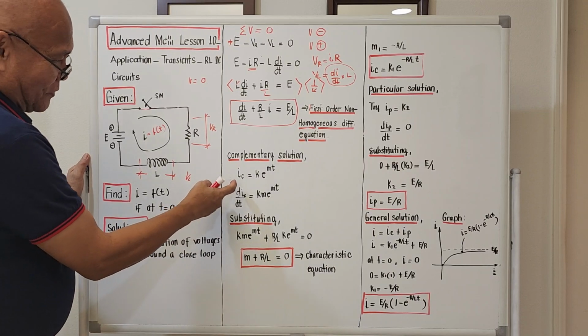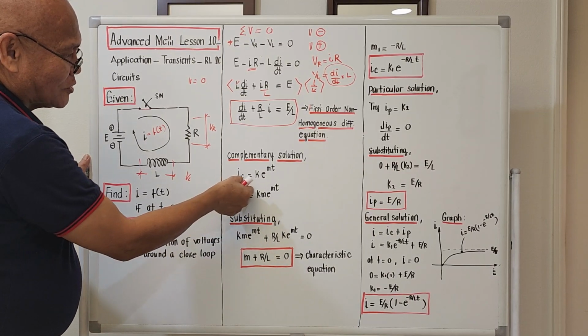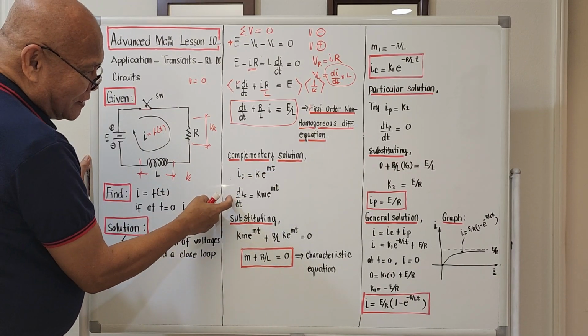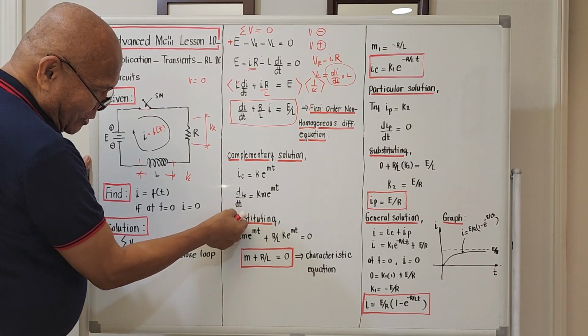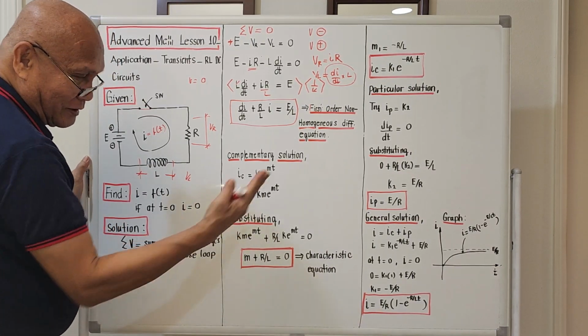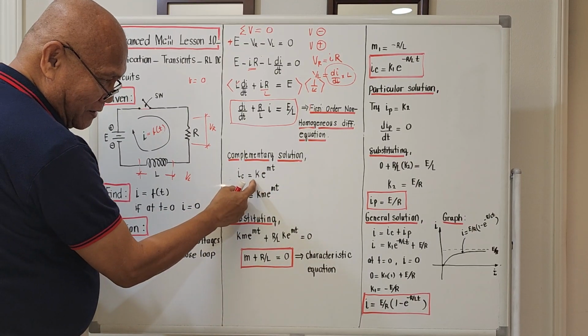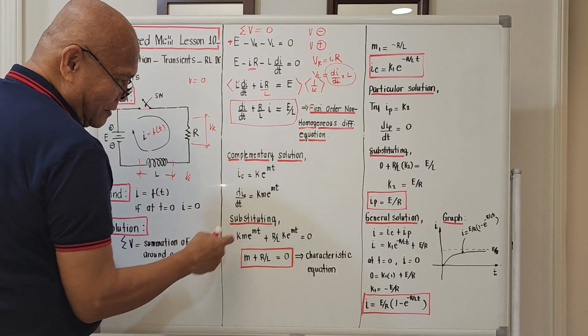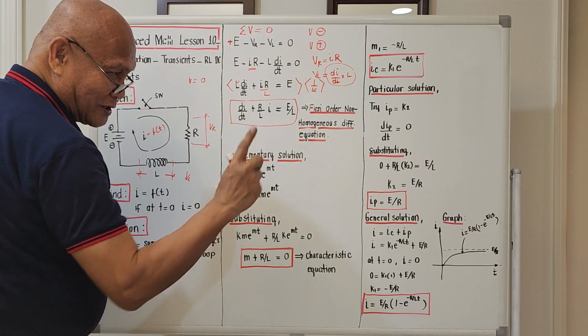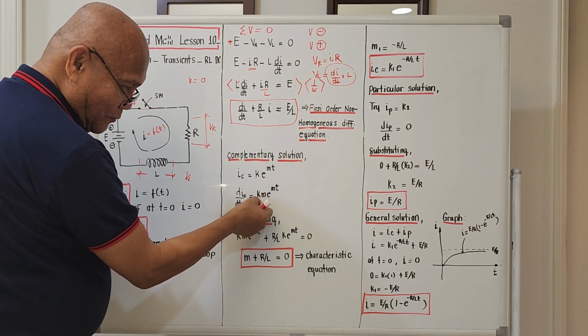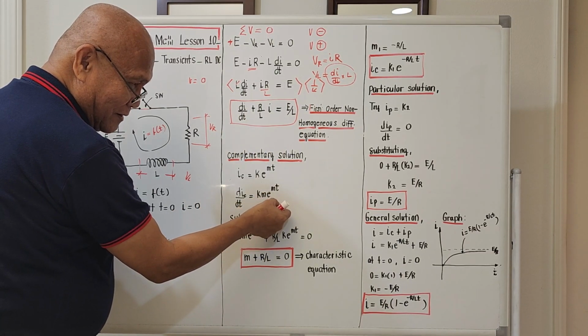If we take the first derivative of this complementary solution with respect to time, it's a constant times an exponential function, so it should be K times e to the mt times the derivative of the exponent, which is m times 1, or just simply K m e to the mt.